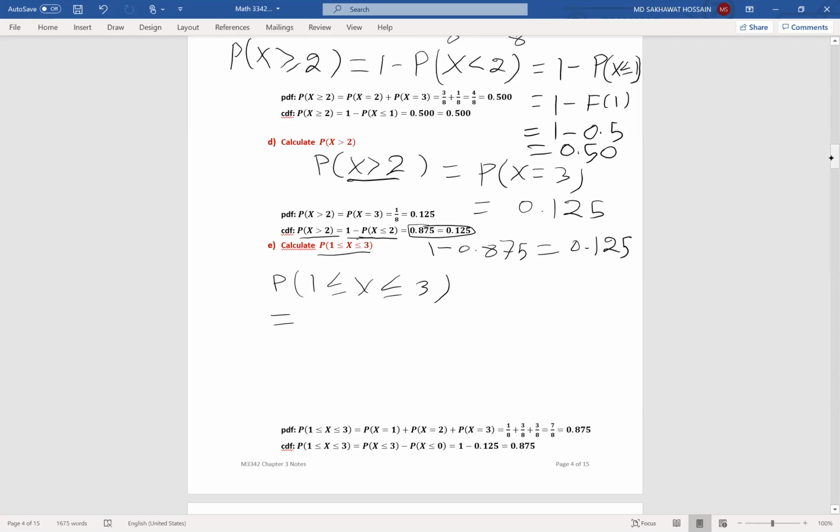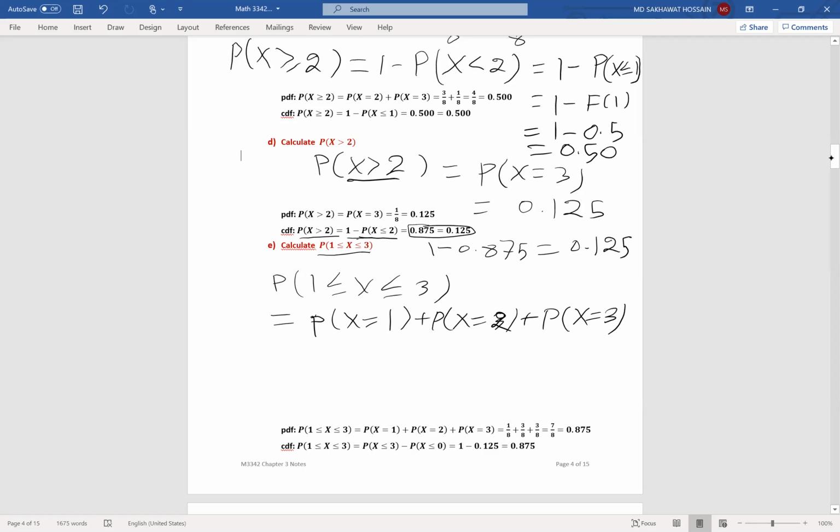What does inclusive mean? That means x can have a value between 1 and 3, and x also takes the values 1 and 3. So the probability will be x equals 1 plus probability x equals 2 plus probability x equals 3.